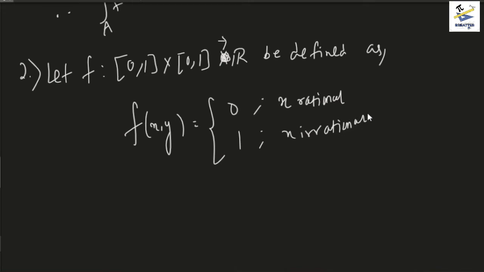Now what we can do is partition, obviously, because we have a rectangle [0,1] times [0,1], and we can partition it.